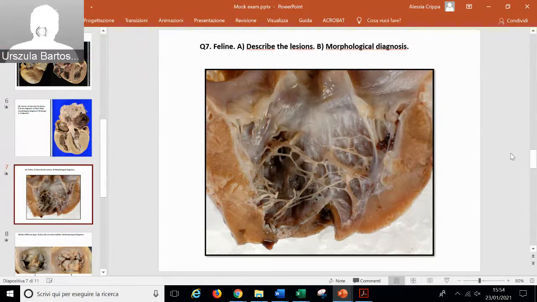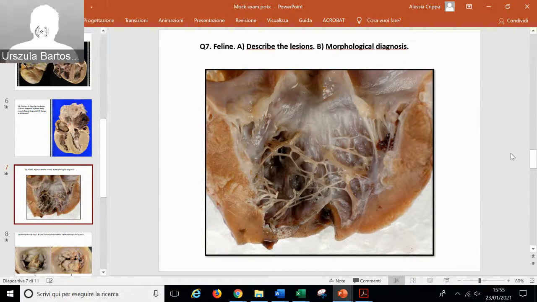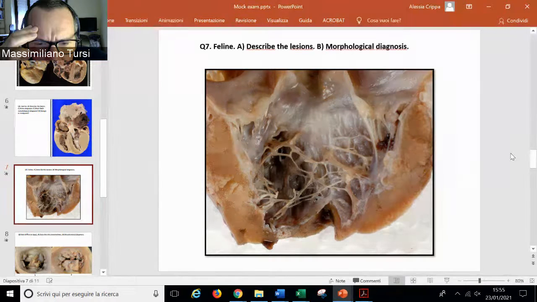Usually we see just a very small false tendon, benign situation. But in this case, there is also a mechanical space inside the cavity. So very strange.